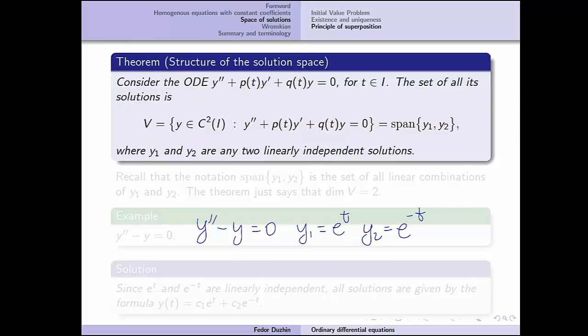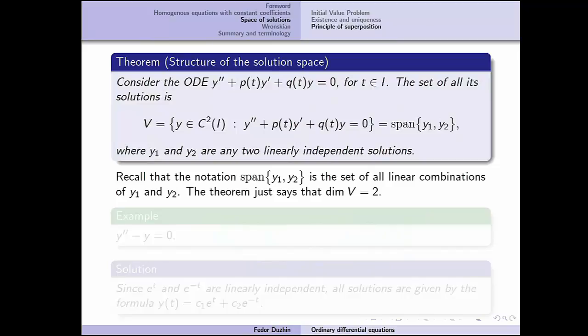Then every solution is going to be a linear combination of these two linearly independent solutions. In other words, in linear algebra terms, this theorem just tells us that the dimension of the solution space is 2.